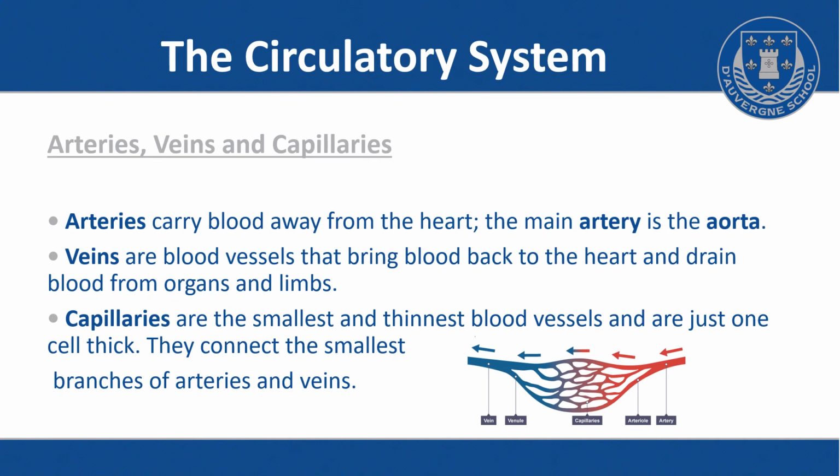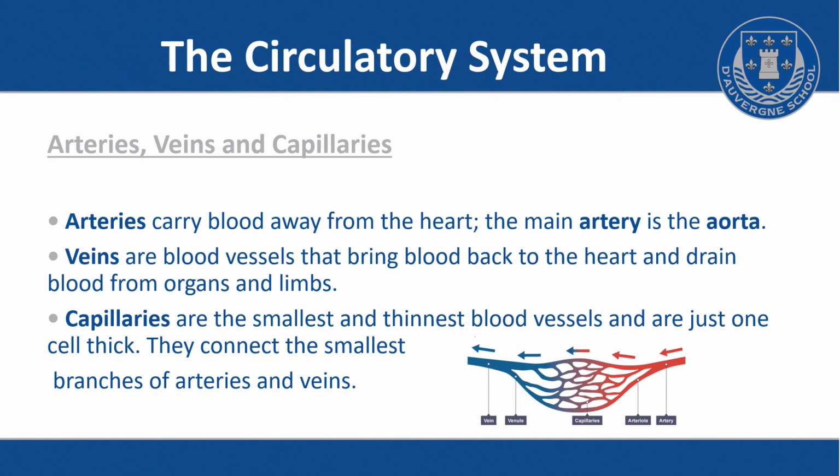Okay, so arteries, veins and capillaries. Arteries carry blood away from the heart and the main artery is the aorta. The veins are blood vessels that bring blood back to the heart and drain blood from organs and limbs. And the capillaries are the smallest and thinnest blood vessels and are only 1 cell thick, so they're very small, and they connect the smallest branches of arteries and veins.